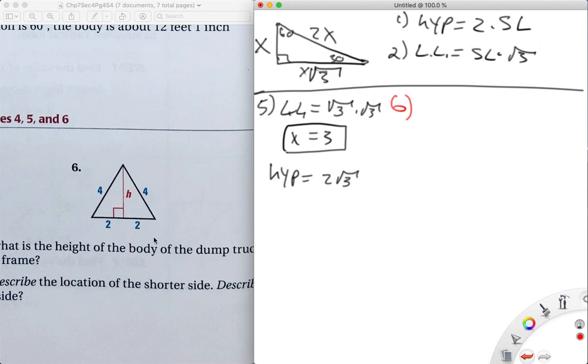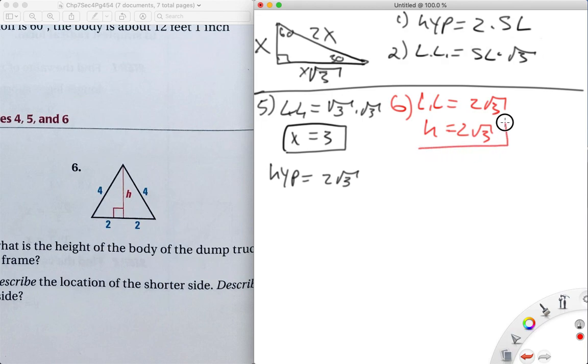They give me the hypotenuse, they give me the short leg. So to find the altitude, this is the long leg. So long leg is equal to the short leg times the square root of 3. Short leg is 2. So long leg equals 2 root 3. H, the altitude.